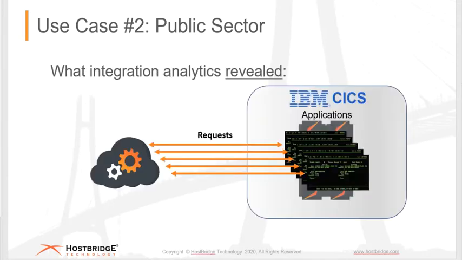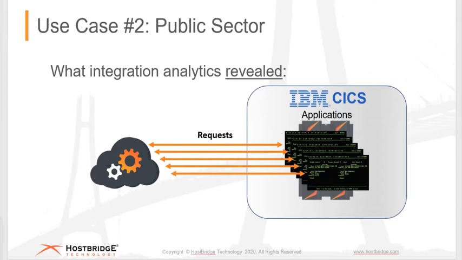What integration analytics revealed is that this particular customer was using an approach where they were using a distributed application running on a server. Let's assume it's a Java-based application or a .NET application.